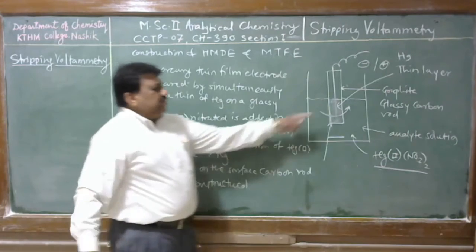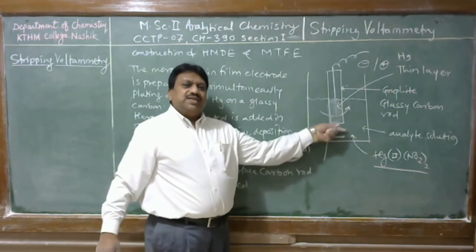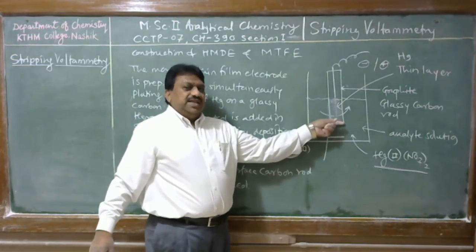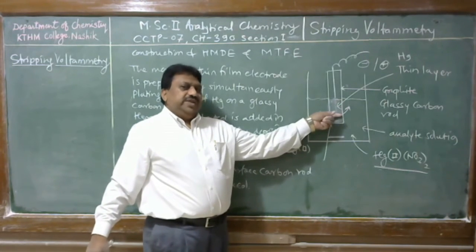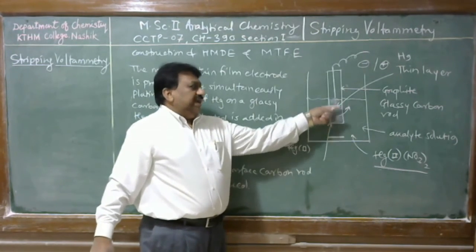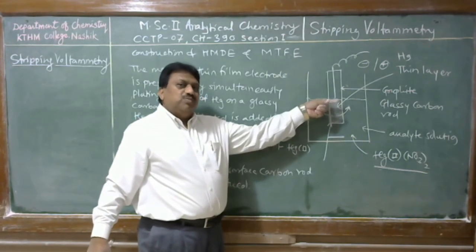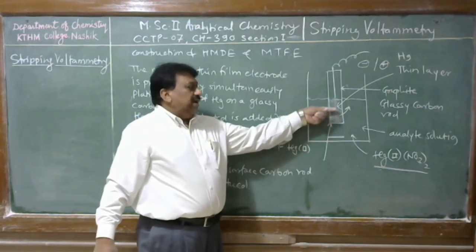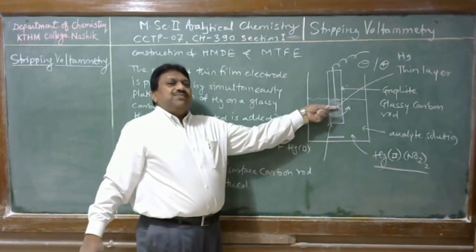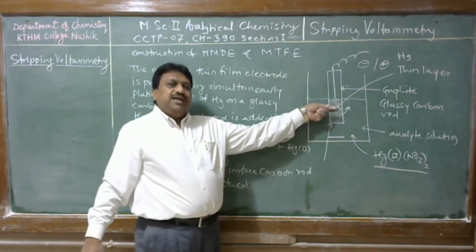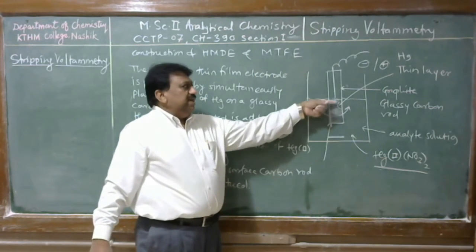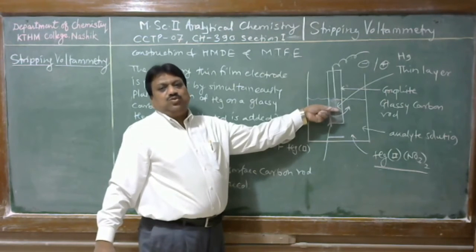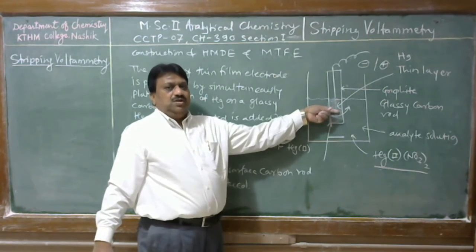This electrode gives a uniform surface area over this graphite rod. The surface area provided by this electrode is more than the dropping mercury electrode. Therefore, the rate of reaction is found to be more using this thin film electrode. In addition, sharp peaks are obtained on a stripping voltammogram when a mercury thin film electrode is used as a working electrode.